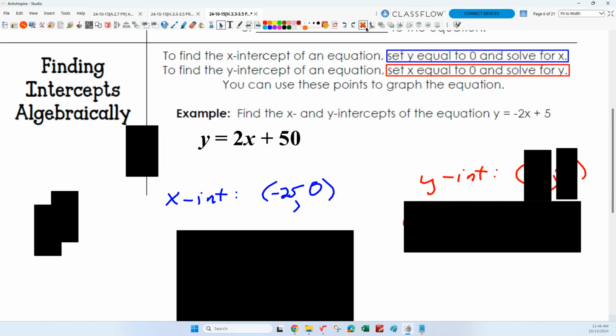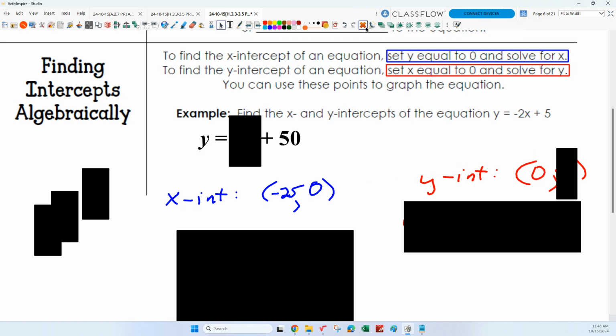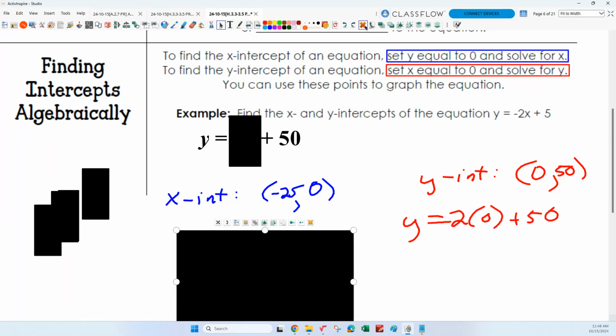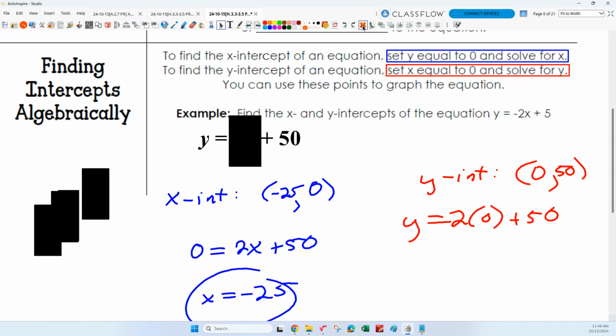We can do that. Set x to 0, and that's pretty easy. What's y equal to? 50. There you go. Right. Set x to 0, and y is 50. Okay. And the math you guys did in your head is simple math, solving two-step equations that you can just do in your head.